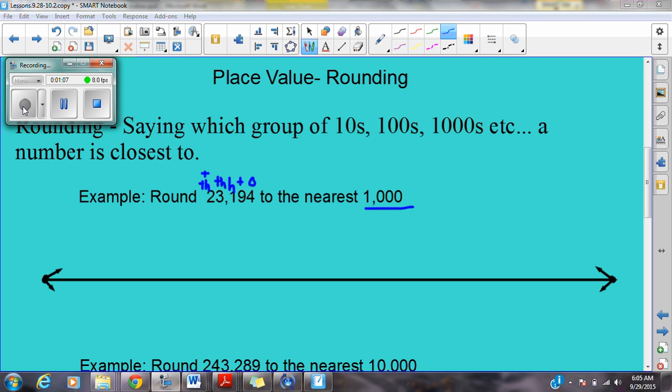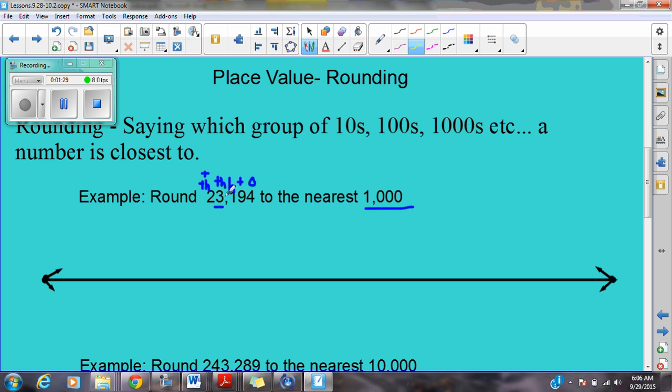After marking it, I can see I've made a little place value chart above my numbers. I can see that the 3 is the digit in the thousands place. Because the number 23,194 has 3 thousands, I am going to keep that amount of thousands.